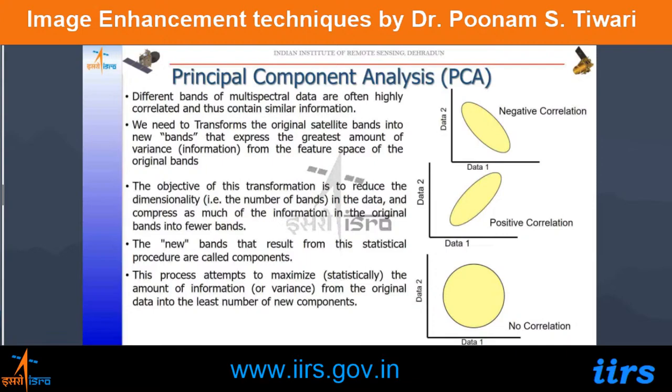The objective of this transformation is to reduce the dimensionality in the data and compress as much information in the original bands into a fewer number of bands. So these new bands that come out of this statistical procedure are called components, and this process attempts to maximize the amount of information from the original data into the least number of new components.